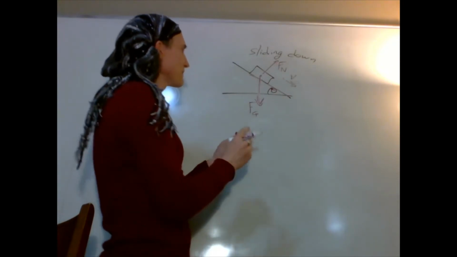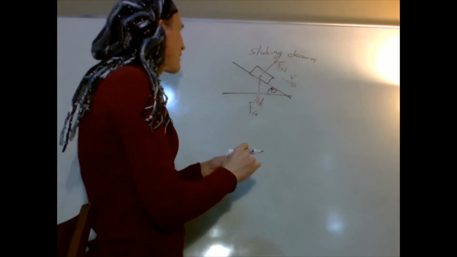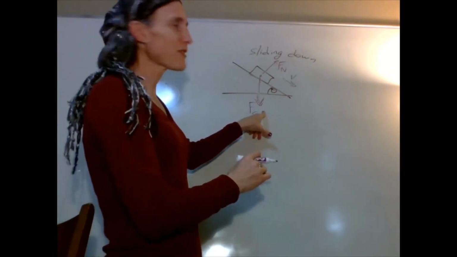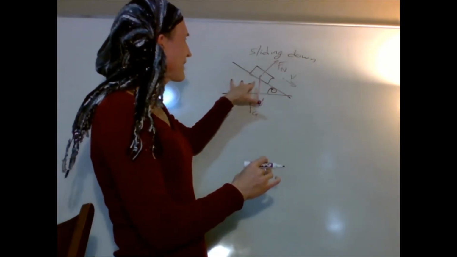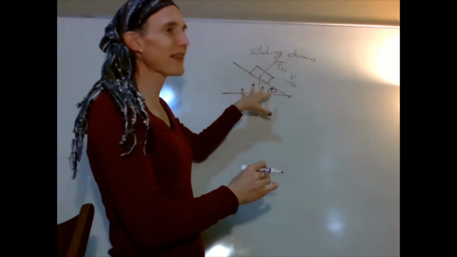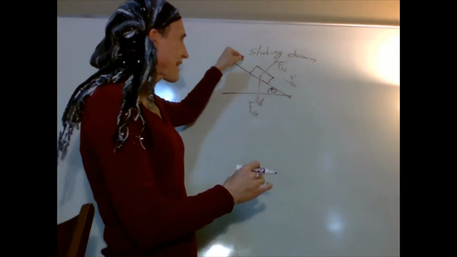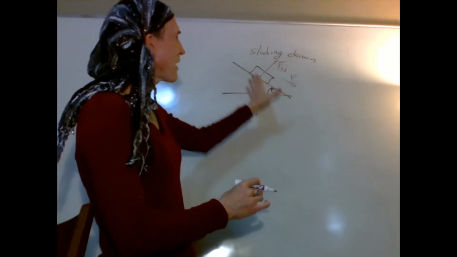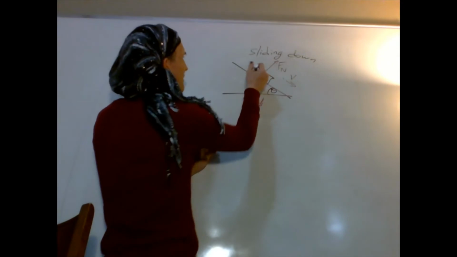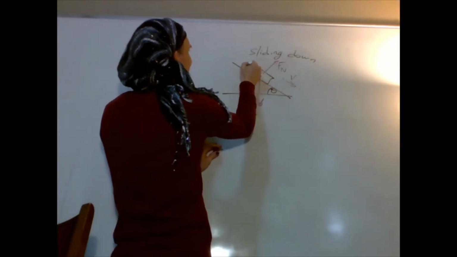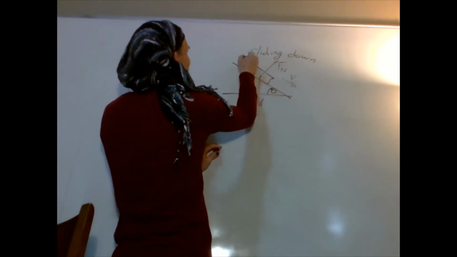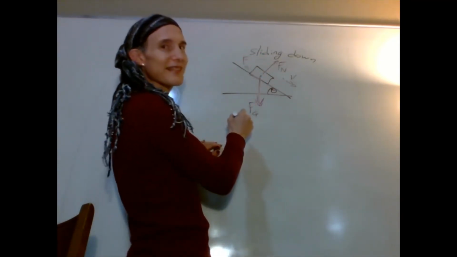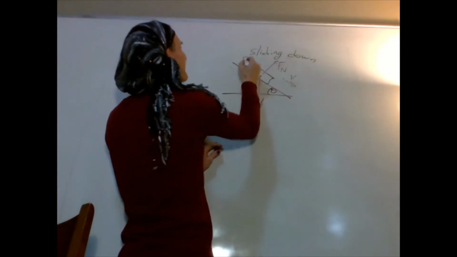And then you know that, well, gravity is pulling downward, but that's this force. What else is there? There's the force of friction between the block and the incline. And if the block is sliding down, friction is pointing in the opposite direction along the incline. So that's going to be this way. Force of, I'm going to call this F sub k for kinetic friction.